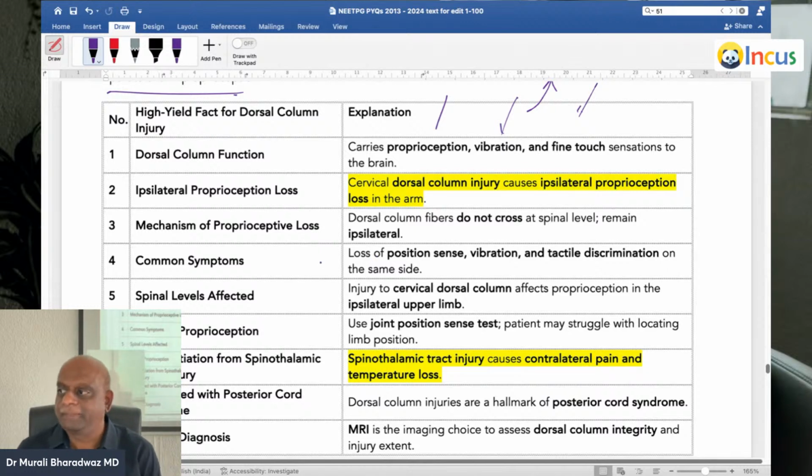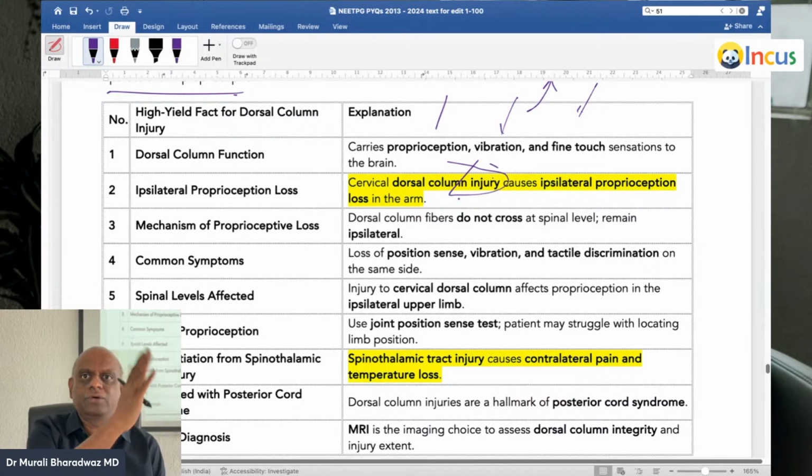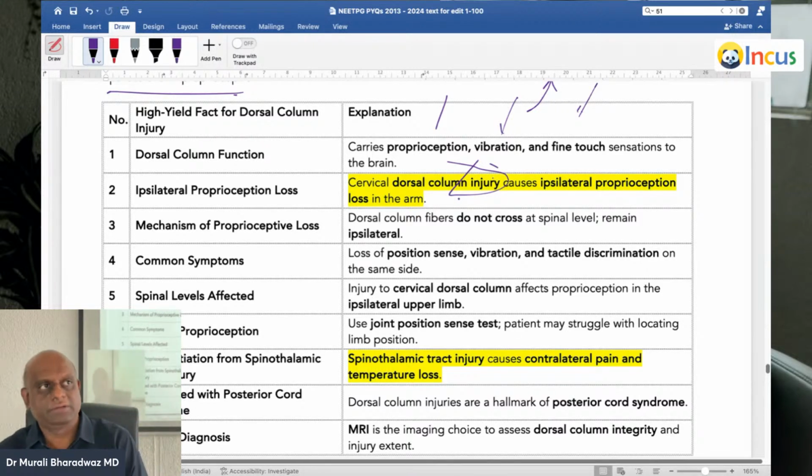So, whenever the dorsal column is interrupted... the dorsal column does not decussate until it reaches the lower part of the medulla. In the lower part of the medulla, it's called pyramid. There it undergoes the decussation.